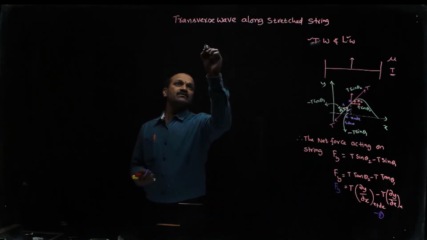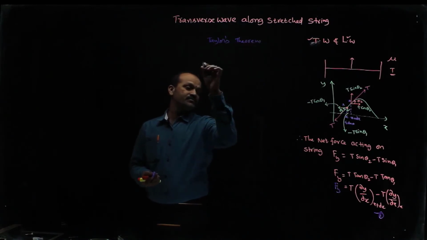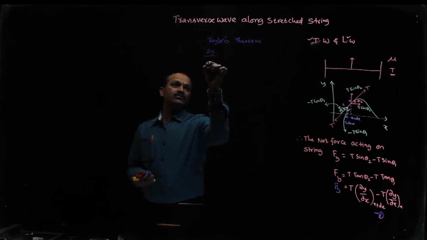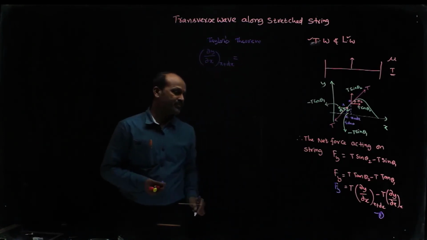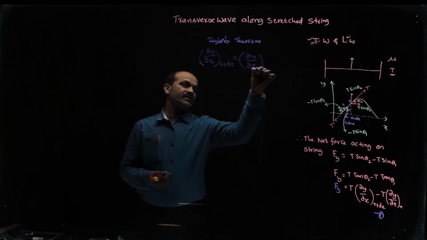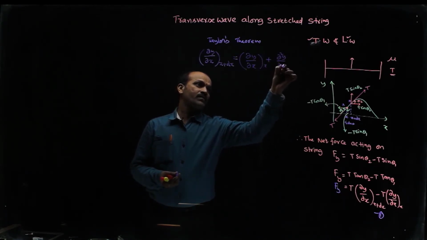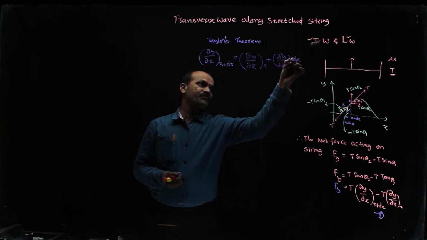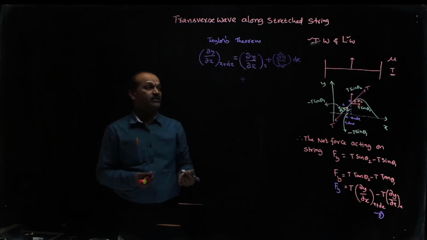According to Taylor's theorem, this dou y by dou x of x plus dx can be written as dou y by dou x at x plus dou square y by dou x square into dx plus so on, dou cube y by dou x cube into dx square by 2 factorial, so on we can write.